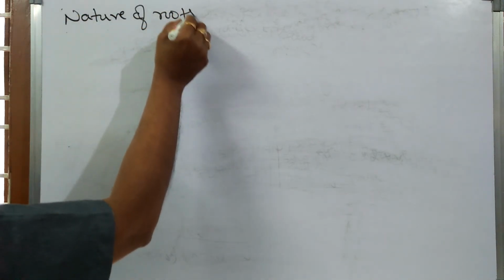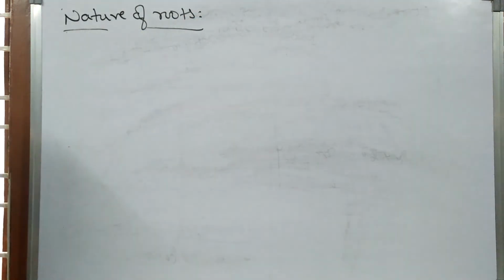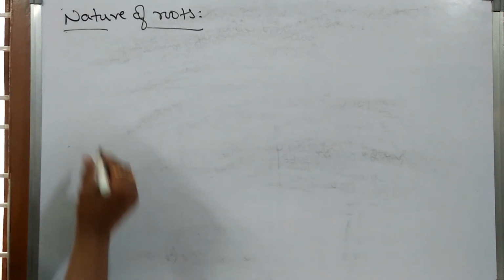Without finding the roots, we can say the nature of the roots by finding the value of the discriminant, that is b square minus 4ac.